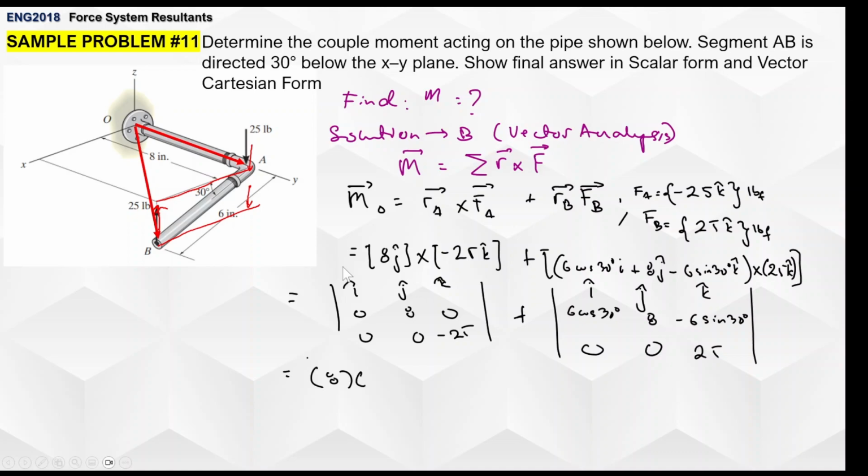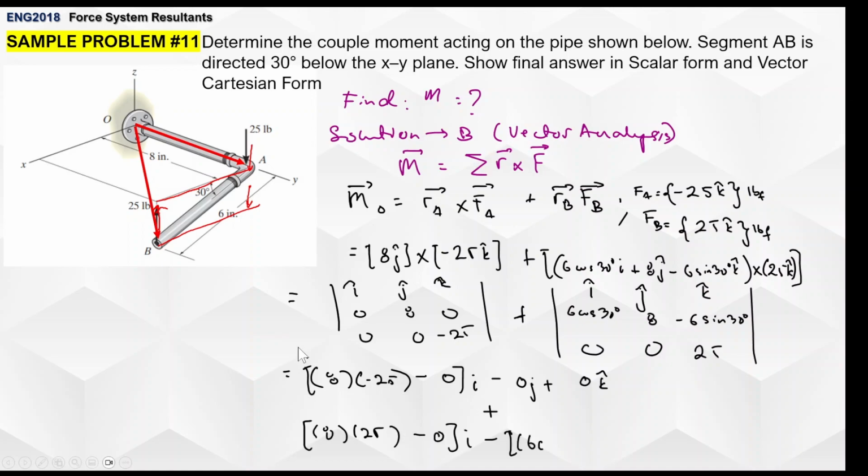And this will yield this. As you can see, there are a lot of zeros, so there's a lot of cancellation here, leaving only 8 times negative 25. And with the other one, you can simplify this further. So we have negative 200 i hat, 0, 0, 200 i hat, minus 129.904 j, and guess what?